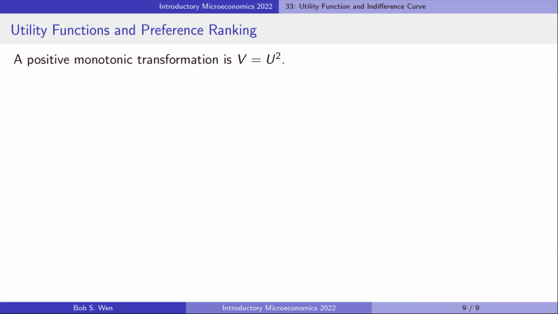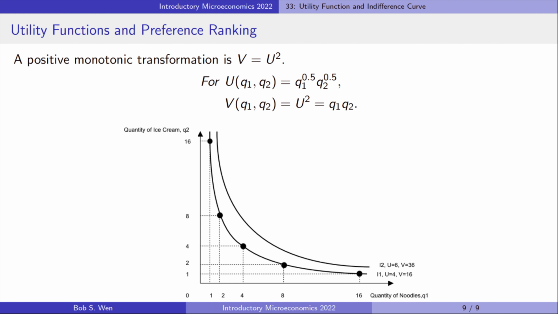For instance, the function f equals x squared is a positive monotonic transformation. The utility function v, which is equal to u squared, represents the same indifference curves, but the numerical values become 16 and 36.